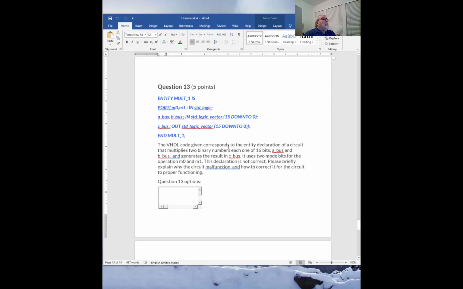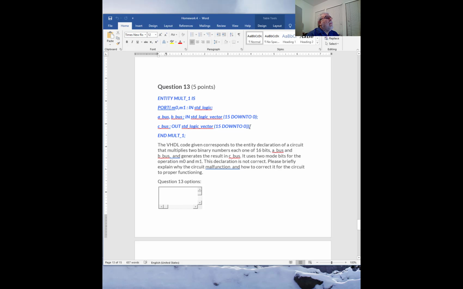We have something that we're supposed to know, right? From what we did in the lab when we work with the multiplier. Okay, so if you look in here, we have a 16 bits input, and the other is 16 bits.